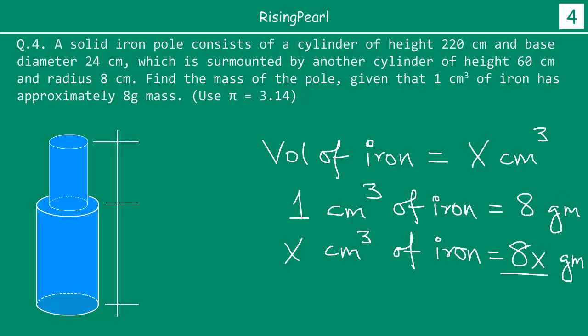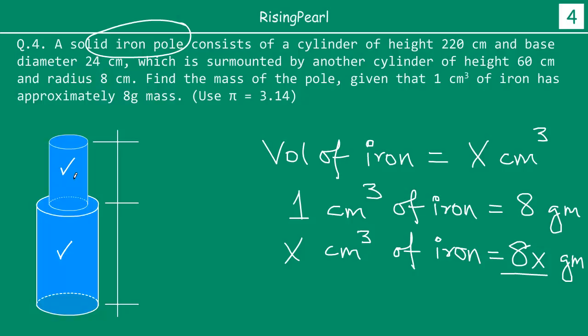So friends, this is how. We figured out what shapes make up our solid, because this is a solid which is made up of two cylinders, 1 and 2. Then we looked at which volumes we need to add, because one cylinder sits on top of the other one, and we have to find out the total weight of iron.